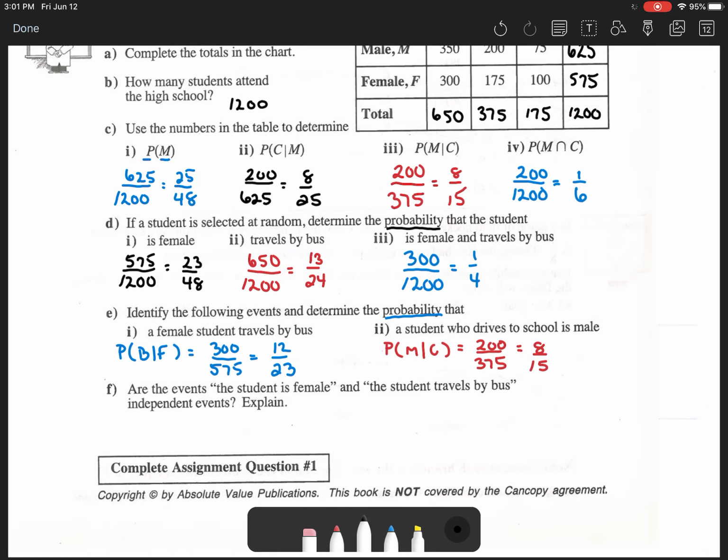When I take a look at the independent events formula, the left-hand side will be the probability of F and B, that's female and bus. That probability is 1 over 4. We calculated that up above.